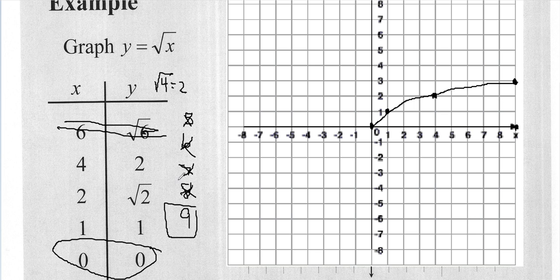Okay? So when you come up to a problem like this, you want to think about what is going to give me a whole number answer for the square root symbol. Think about it when you're doing it. All right, next.